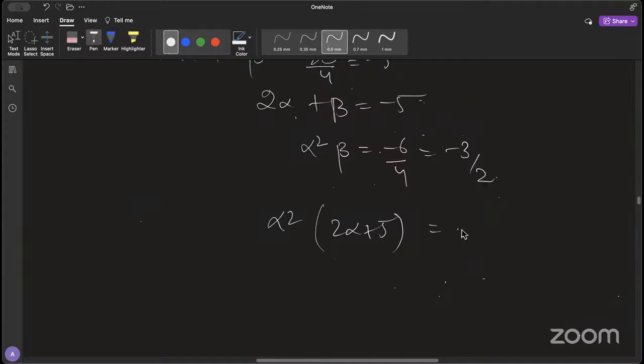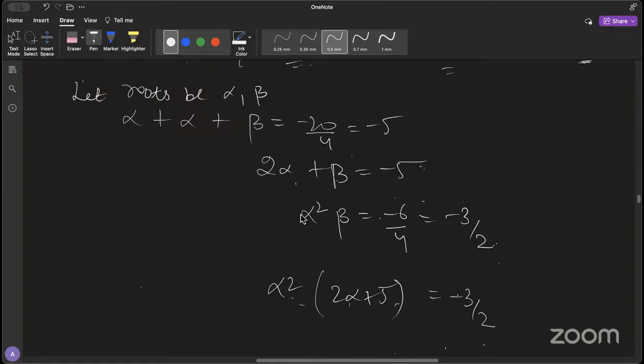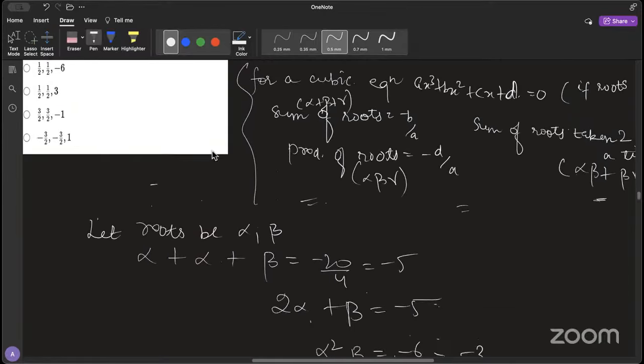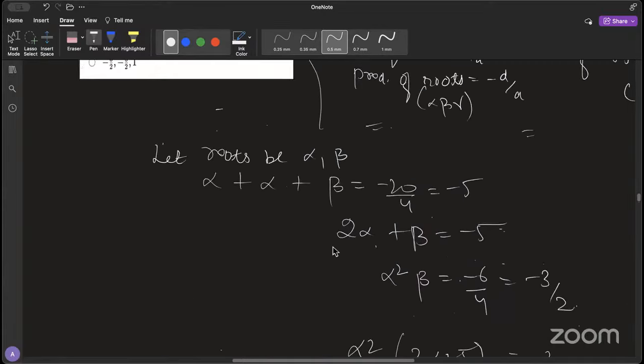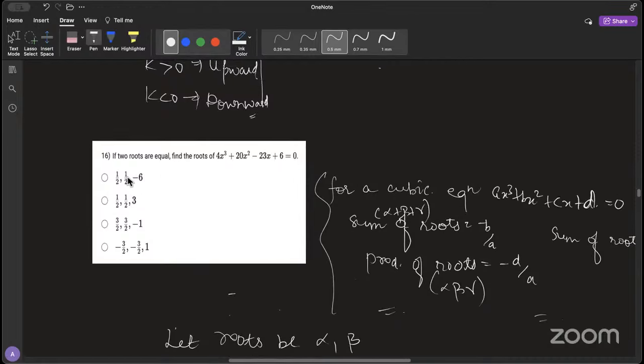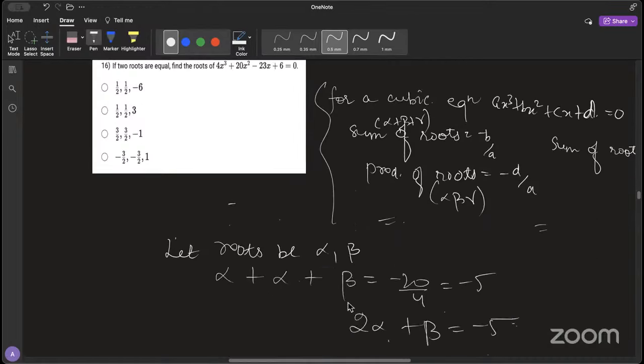This is minus 3 by 2, right? So you'll have a cubic term here, then a square term here, and then a constant term here. It will not be exactly this equation, but it will still be a cubic equation that you need to solve. So it's just better for you to substitute these things here and check which one of the options is correct.